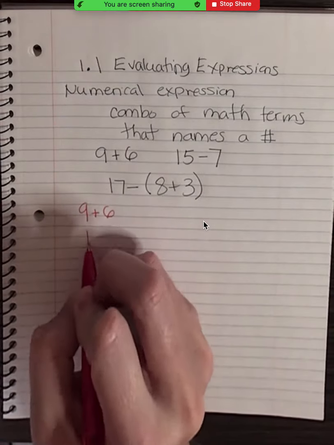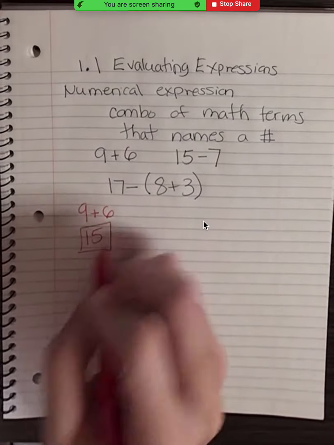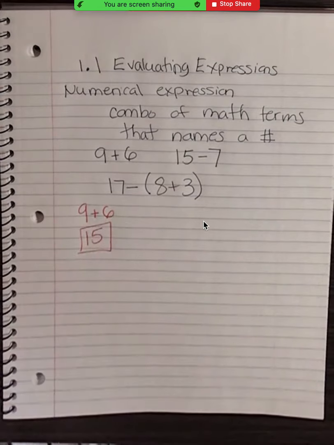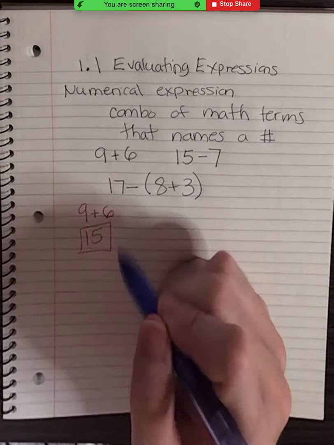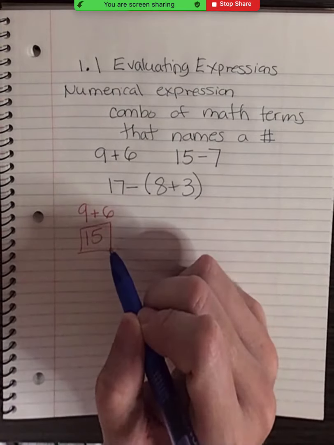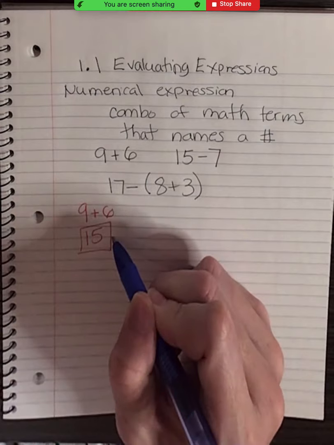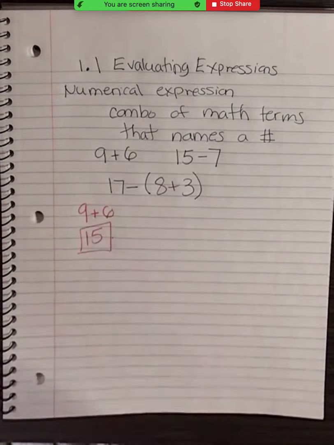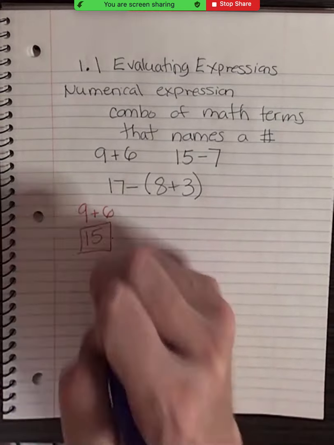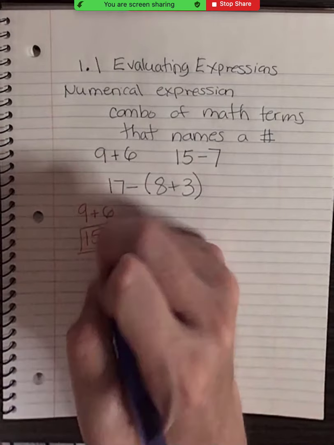It names 15. So you evaluated this expression. You figured out what it was equal to. Okay? So there's not much to show if this was in your homework. You wrote the problem. You wrote what it was equal to. Okay? You don't need to show me how you added 9 plus 6. It's fine just like this, but I want to see the problem, not just your answer.